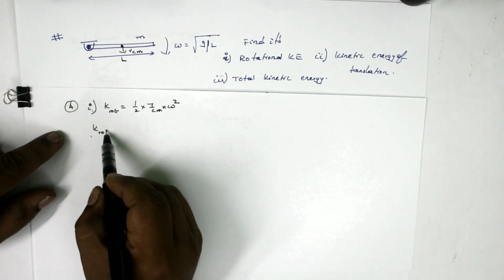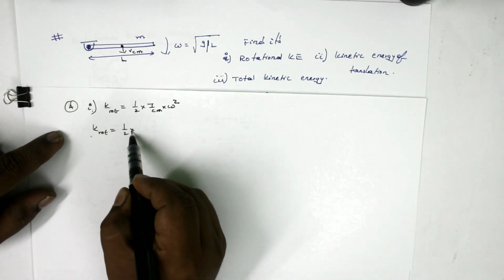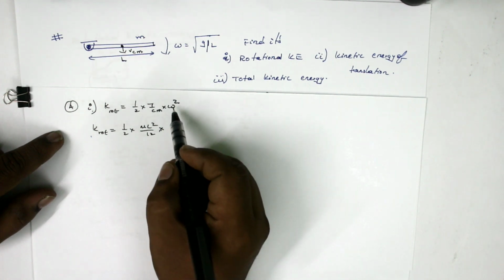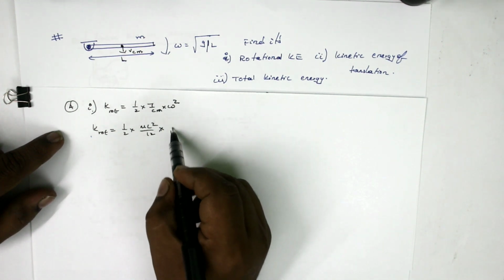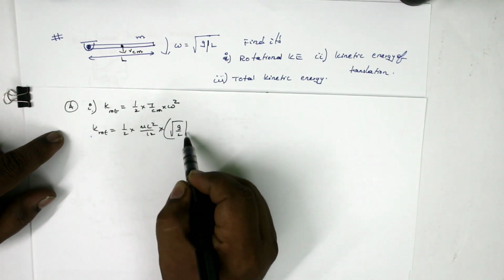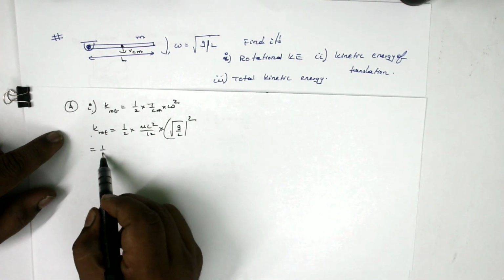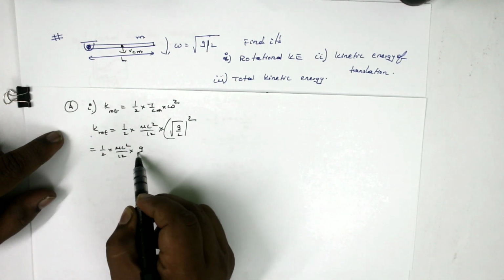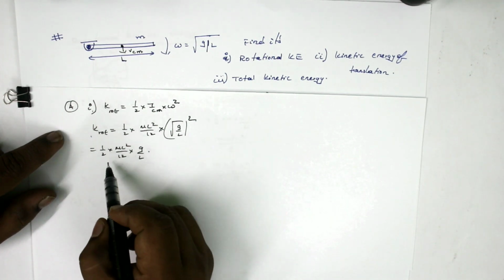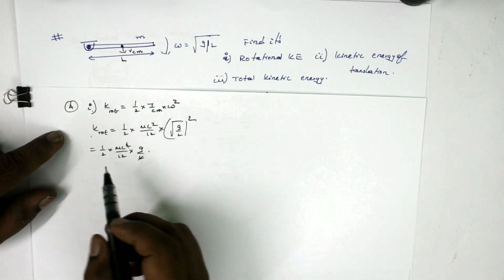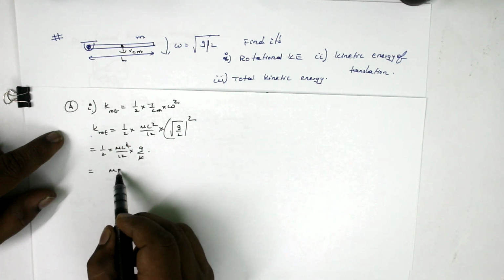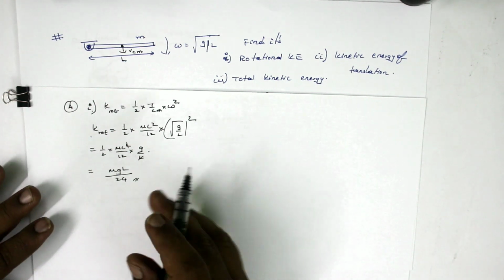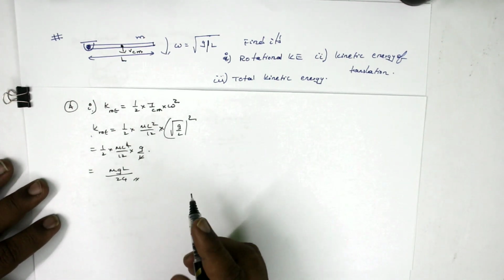So K rotation is equal to half into ml square by 12 into square root of g by L whole square. So this is equal to half into ml square by 12 into g by L. Therefore L square and L get cancelled, so mgL divided by 24. So this is our equation for rotational kinetic energy.